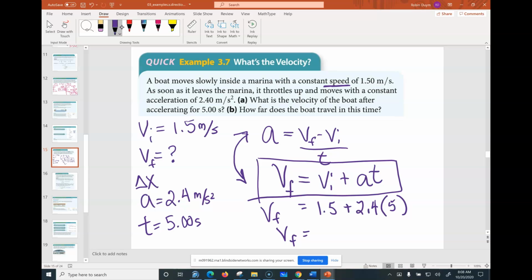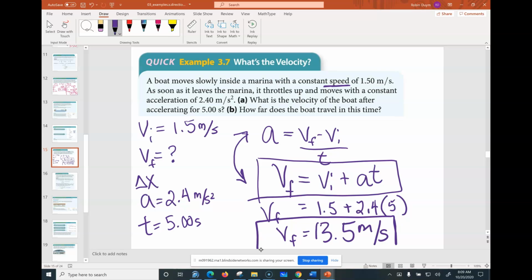What'd you get? Did I fill the numbers in right? 2.4 times 5 plus 1.5? Okay. Because that's always a possibility too. That's why we like to double check everyone. Like, you check me, I check you, you check one another's.